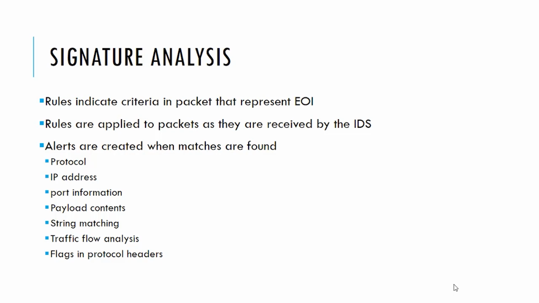String matching, even the content itself of the web page can contain some words that are not allowed to enter our network. The traffic flow analysis, for example, it is not common or natural in some organizations to find that the utilization of the bandwidth is 99% at 2 o'clock in the morning.